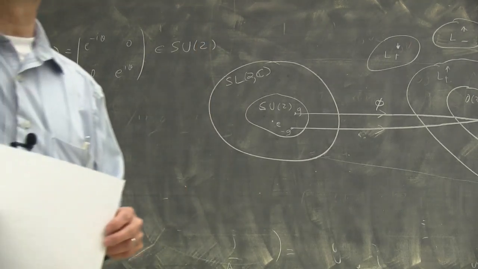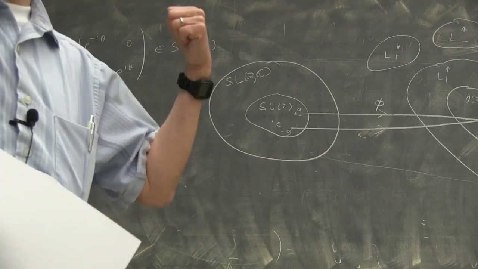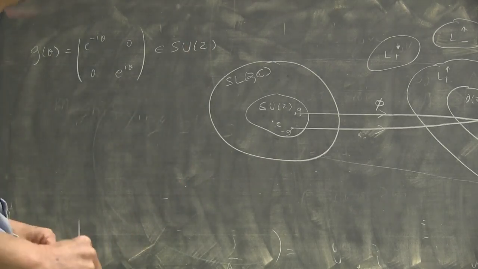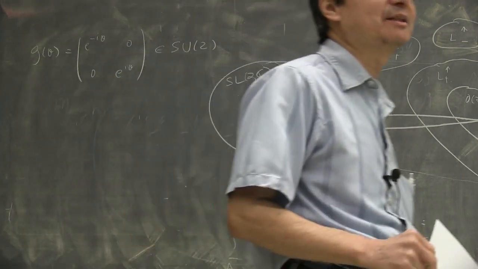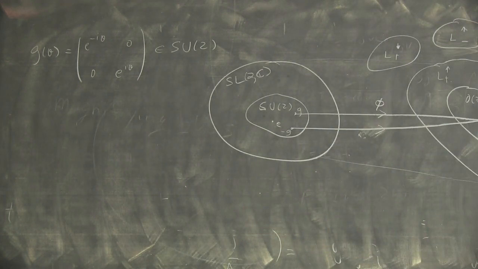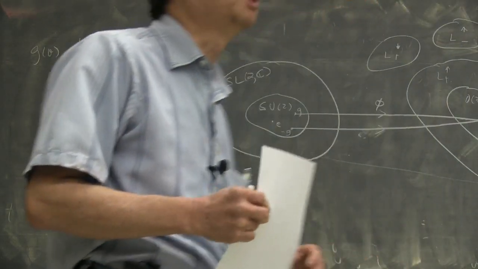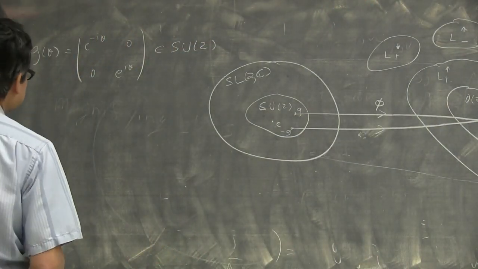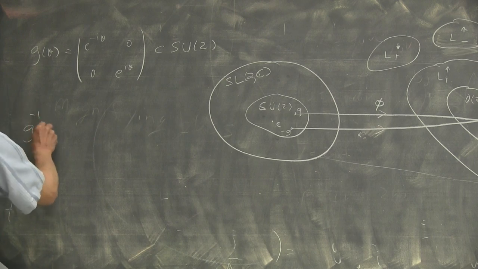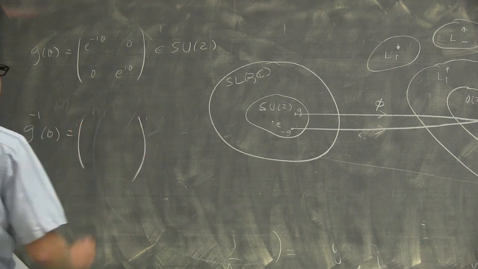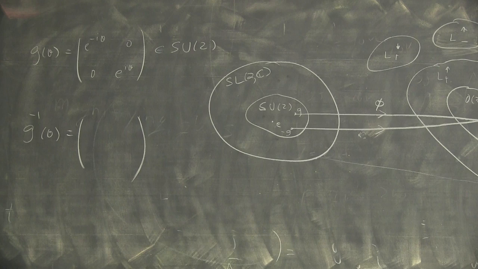First of all, we have to check that the determinant is equal to +1, which obviously it is, okay? And then we have to check that it's unitary, which means we have to check that the inverse is equal to its Hermitian conjugate. Is it also clear pretty much that the inverse is equal to the Hermitian conjugate? What's the inverse of this thing in here? Can you read out what the inverse is?